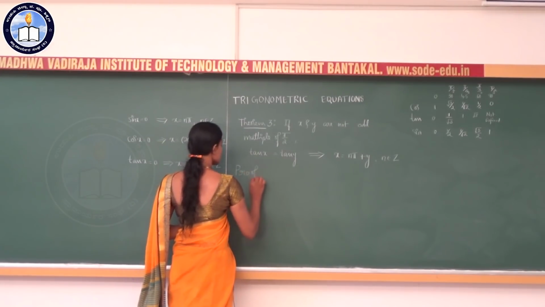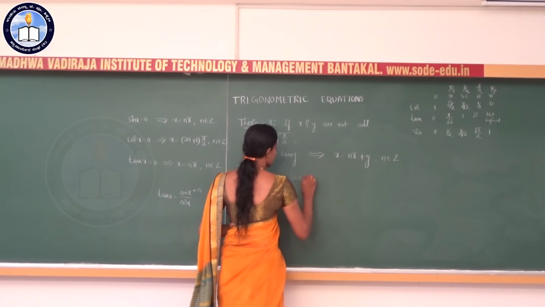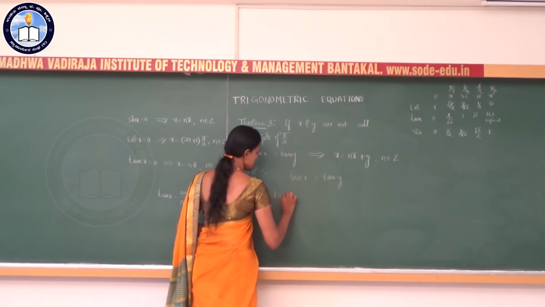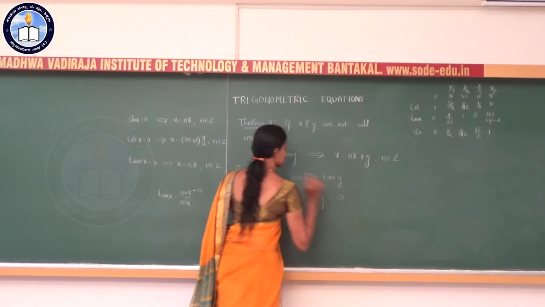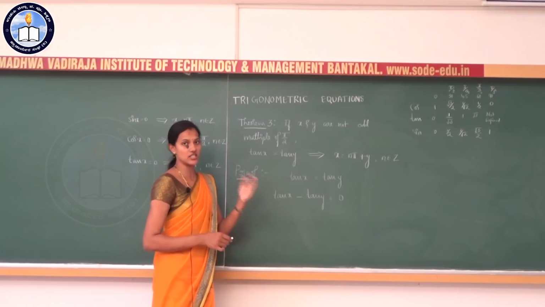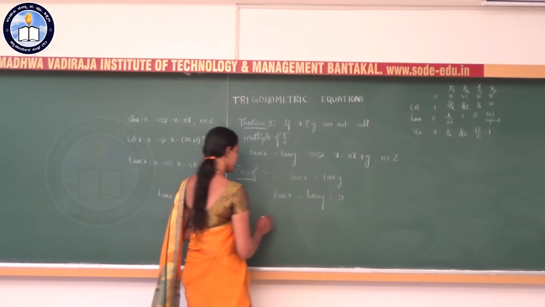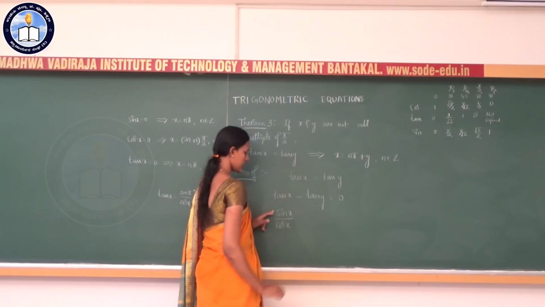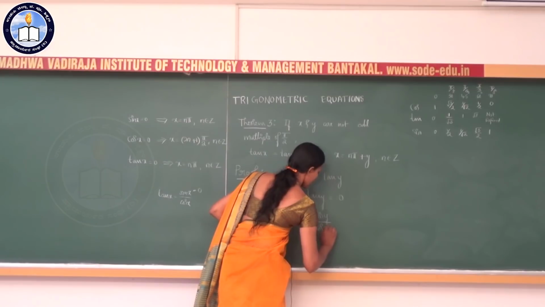Now, let us prove this. Proof. We are given tan x is equal to tan y, which can be rewritten as tan x minus tan y is equal to 0. Now, tan x can be written as sin x divided by cos x, and tan y is sin y divided by cos y. Sin x by cos x minus sin y by cos y.